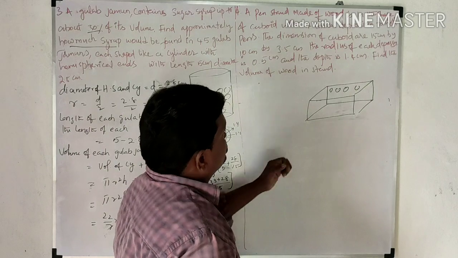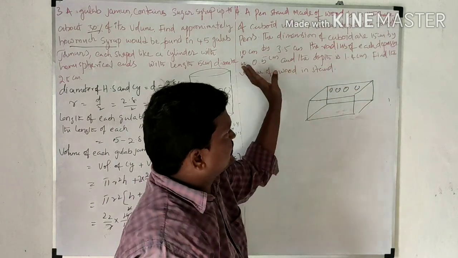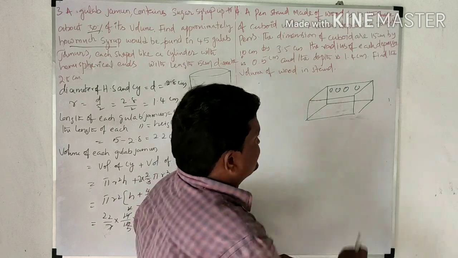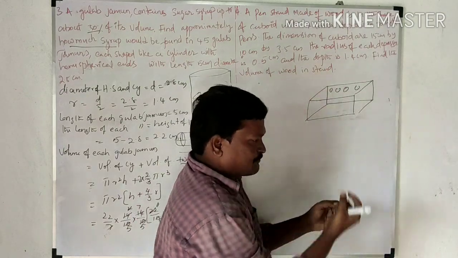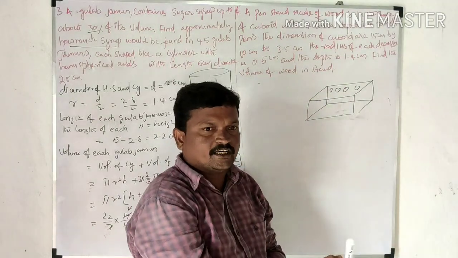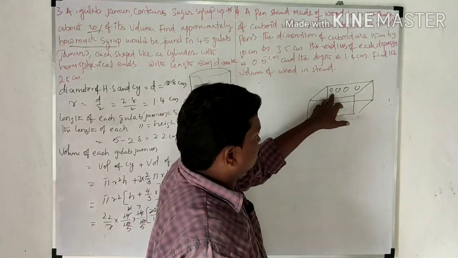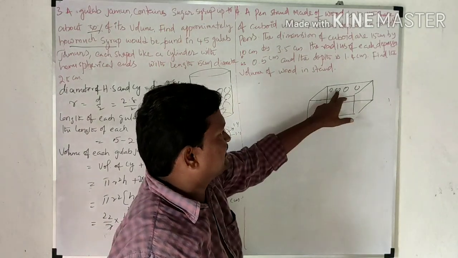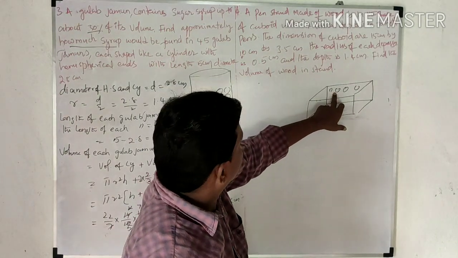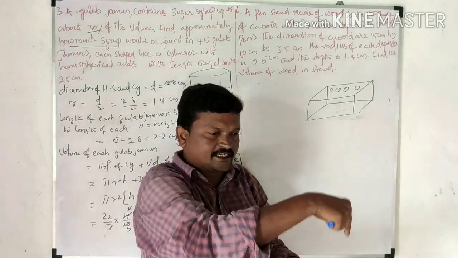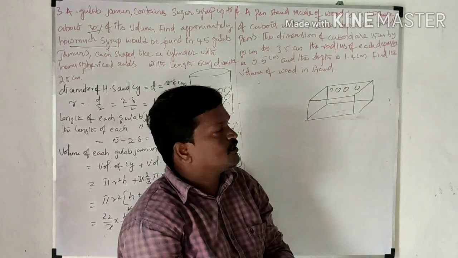Okay. So the cuboid dimensions are given, and the radius of each depression. These depressions, these holes are in the shape of a cone. Then only the pen will stand perfectly. So these are in the shape of cone, and the radius also is given. Okay, and the depth means inside the cone, depth means it will be the height of the cone is given.